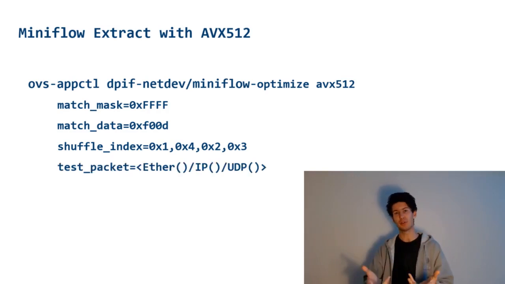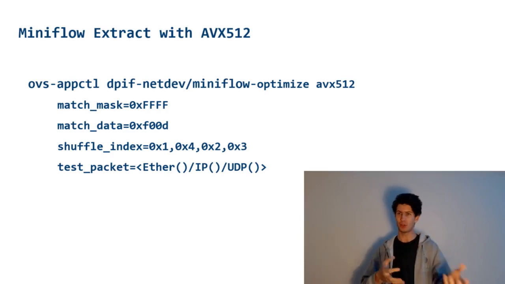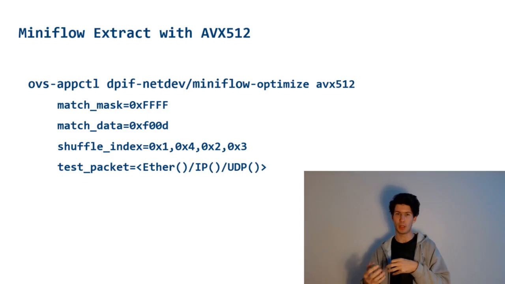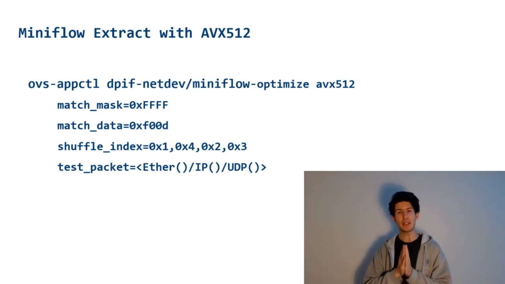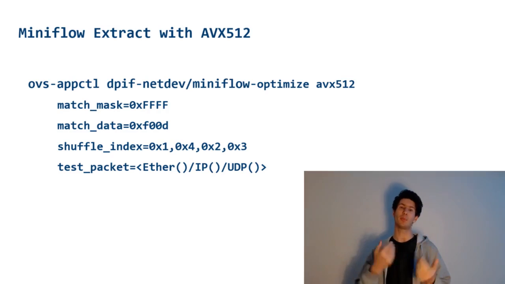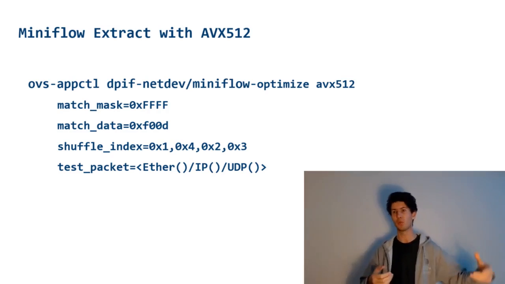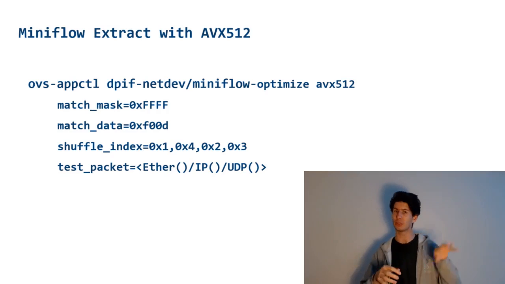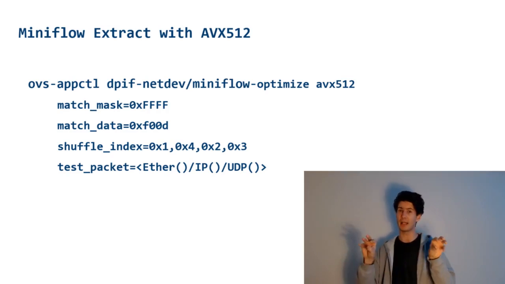Next, there are a number of other parameters that we can pass to this particular command to make it more usable and easier to validate. Particularly, there is a test packet, which allows the user to pass in an arbitrary packet. We allocate one DP packet while this Miniflow extract is running. We try and do the Miniflow extract of the packet using the scalar implementation as well as this Miniflow optimized version.